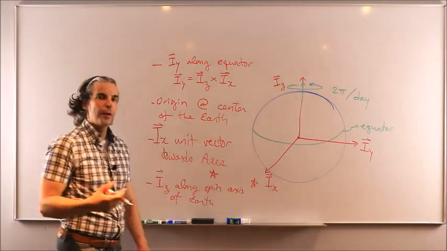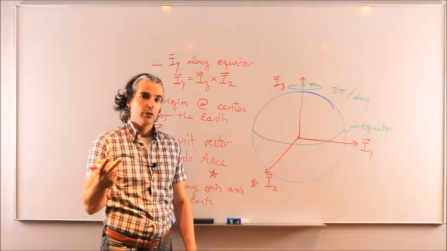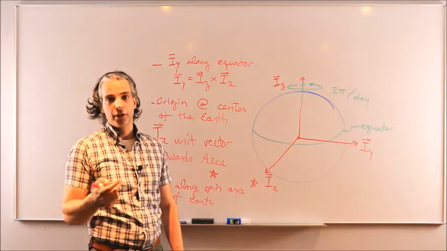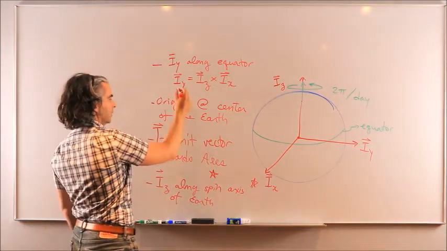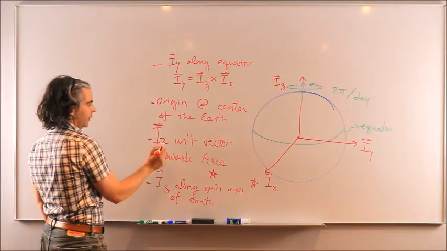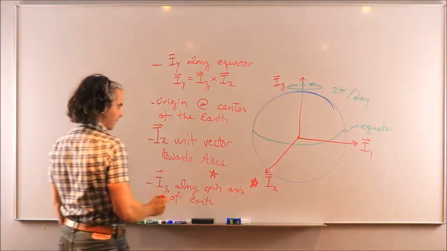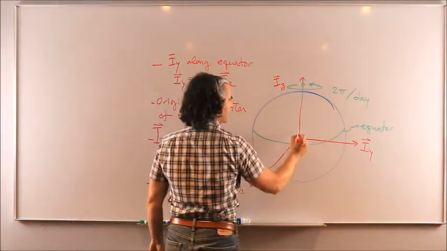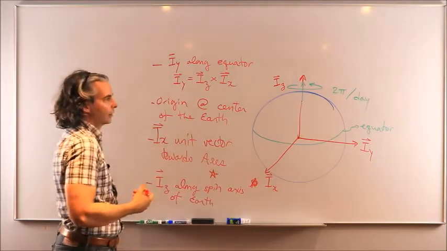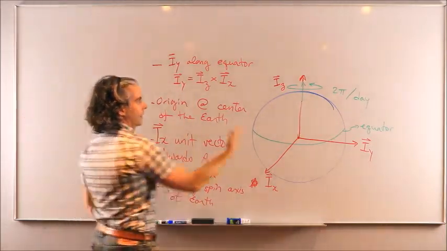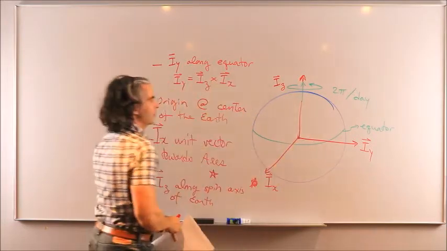So whenever you talk about any reference frames, you can only define 2 out of the 3 unit vectors, and the third one is always obtained by the cross product of the other 2, which is what we did here. We specifically define the orientation of IX, given that it's pointing at a specific star, IZ pointing in a very specific direction, like that, and IY is just a cross product of those 2, okay? IZ cross product IX gives you IY towards the right of the board.